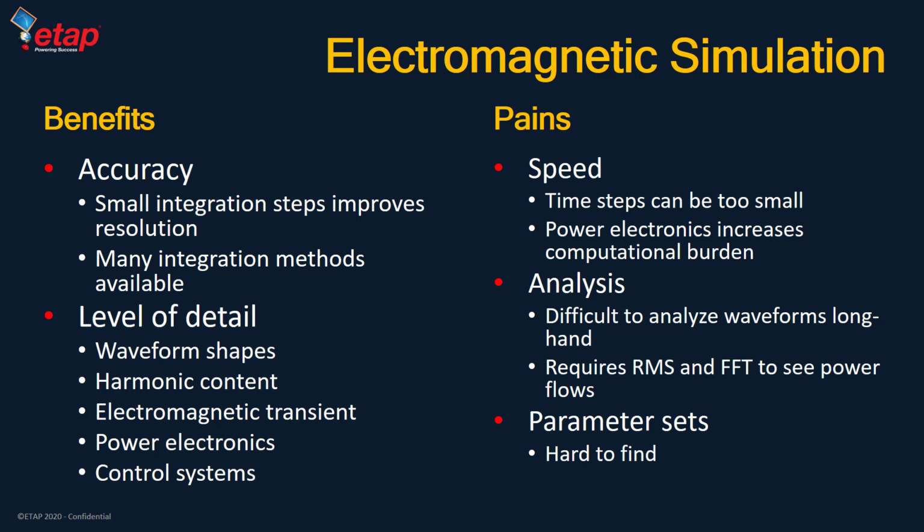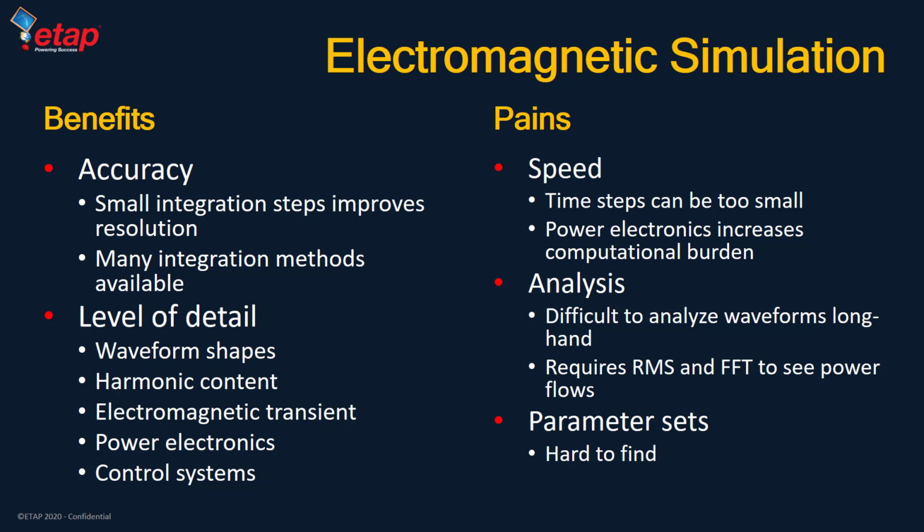The pains of the electromagnetic transient simulation are typically its speed. Unless you use an advanced numerical technique such as power system partitioning, low failure sparsity, optimal solvers, network reductions, or multi-core transient simulation capabilities, an electromagnetic transient simulation is typically slow relative to the phasor domain.